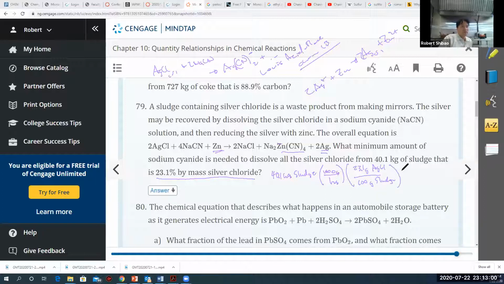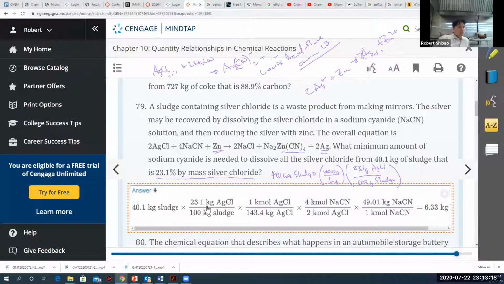And then I'll go moles of silver chloride to moles of sodium cyanide, and moles of sodium cyanide to grams of sodium cyanide, and grams of sodium cyanide to kilograms of sodium cyanide. So just turn into straight stoichiometry.